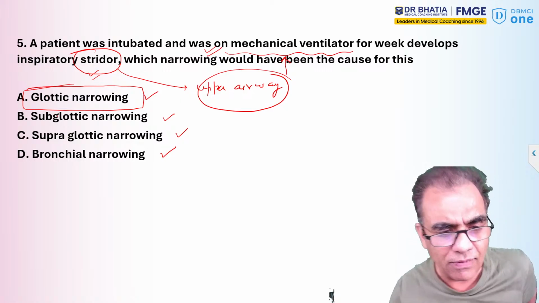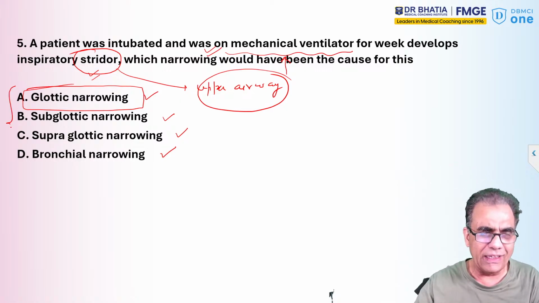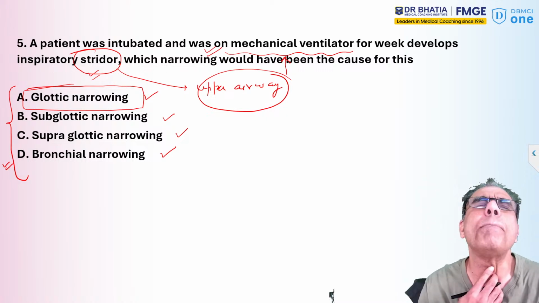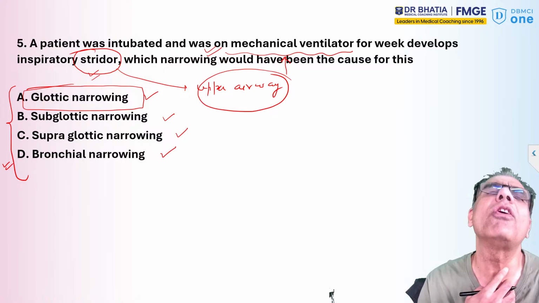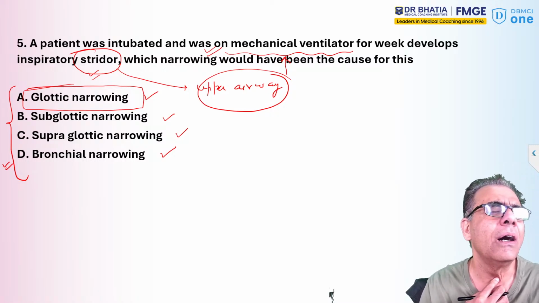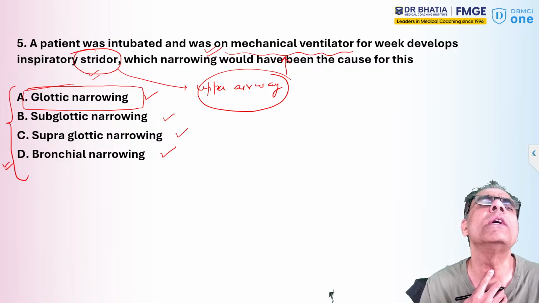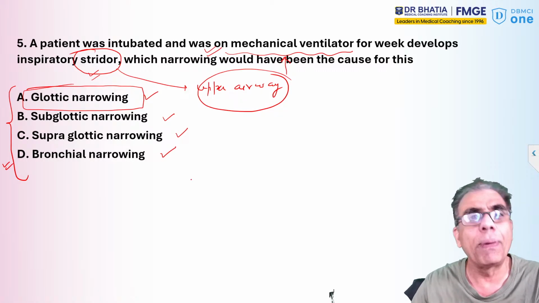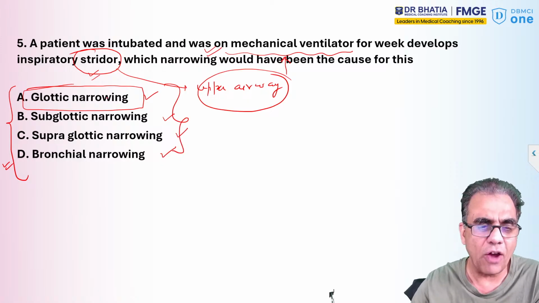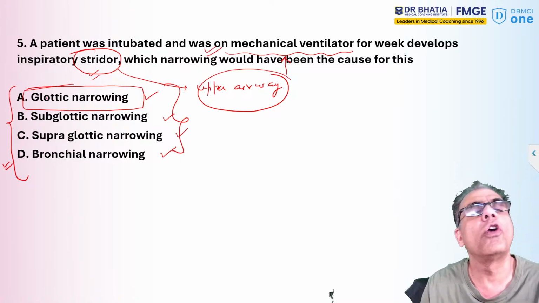Honestly speaking, I don't find this question to be appropriate, because upper airway obstruction is not only the glottic opening; even the subglottic region is considered upper airway, or even the supraglottic pharyngeal region. So any of these, but if you have to choose one, then I'll go for glottic.